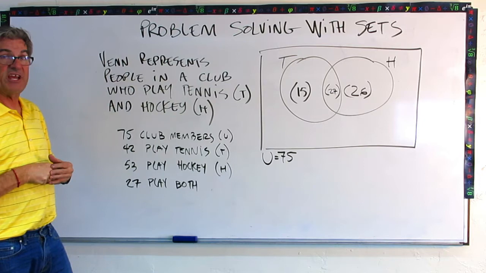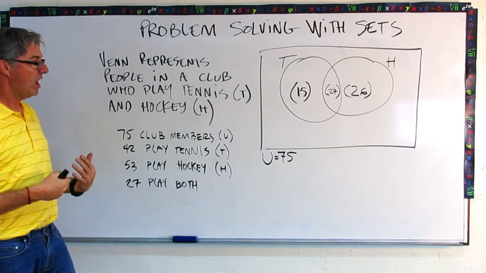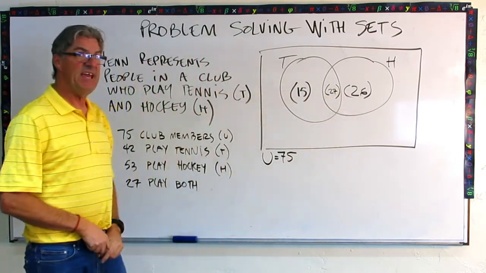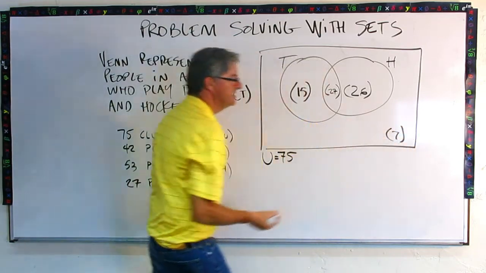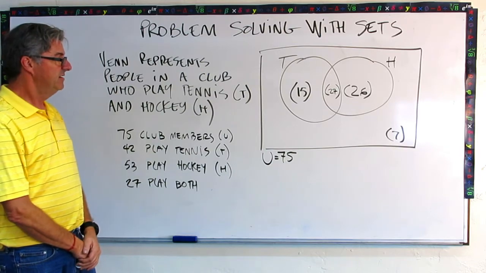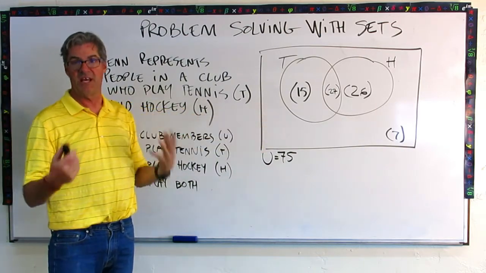We just need to check and see if there's a group that play neither tennis or hockey. And if we add these up, we're going to get 68, which means we're 7 short. So there's 7 people out there that don't play tennis and don't play hockey. So now that we have our Venn diagram populated with numbers, we can answer some questions.